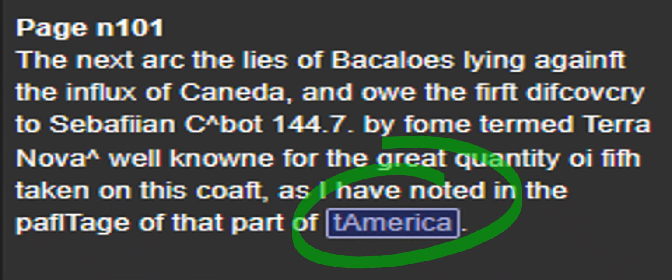Now back to this merchant's map of commerce. What was also noted previously was that there was a Tamarica mentioned in this text. However, the notation of Tamarica in this text doesn't seem to be present anymore.